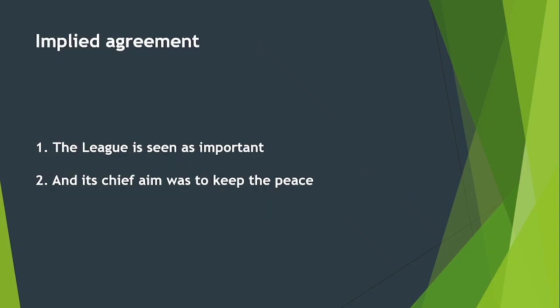Now, I have identified and explained 2 big messages about the strength of the League and the likelihood of whether it would be successful or not. And I've given a supporting point. But we can still say more about the 2 sources. Even if it's only implied, there is a measure of agreement in that the League is seen as an important issue, worthy of discussion. Otherwise, why were the cartoons published?